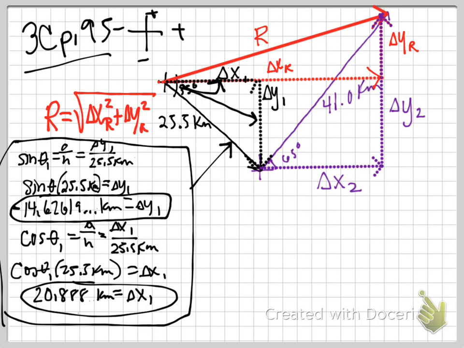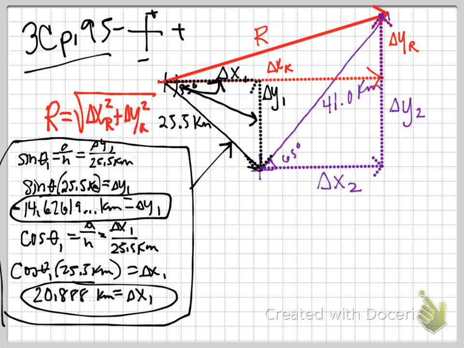I find that worse. I tried it once, and the students found it worse too. So I've stuck with: visualize it, have the picture, assign negatives where they're needed, use the actual angle you're given, because that is the way it's given to you.